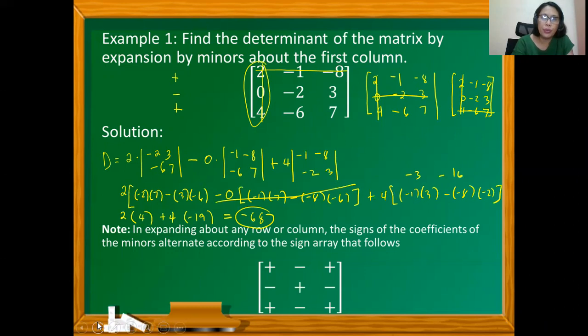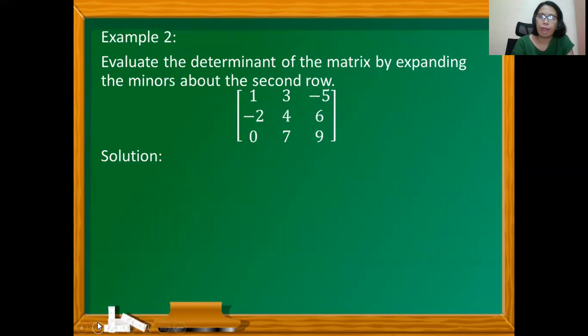Okay, for number 2, we have: evaluate the determinant of the matrix by expanding the minors about the second row this time. Now, let me remind you, in evaluating the determinant you can use any among the rows or the columns. It's just that in this example, we're instructed to select the second row. Okay?